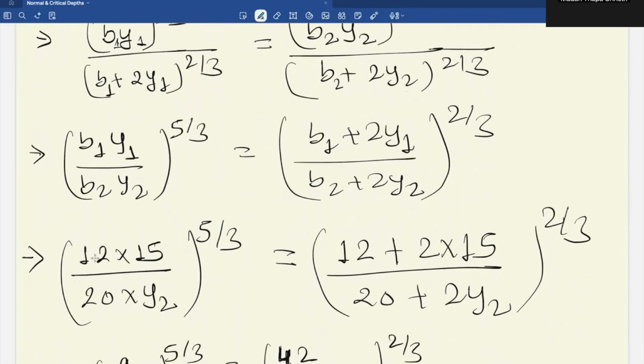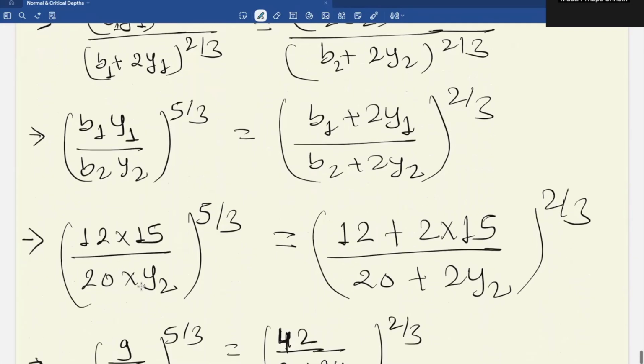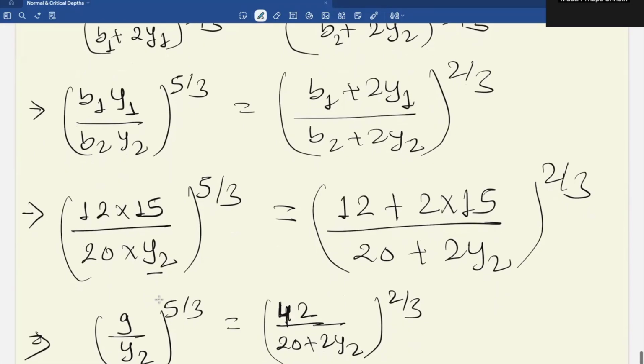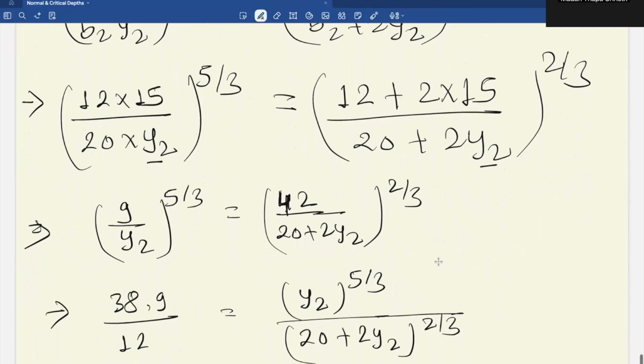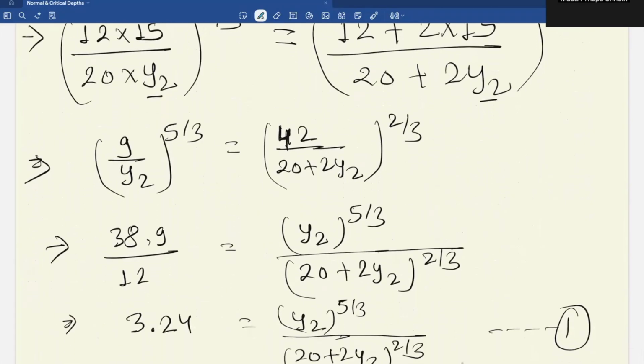So let us input the values that we have here, so that the only remaining part is y2, that is the normal depth after change. After rearranging these things, we will have this final equation as 1. So LHS is equal to 3.24, is equal to y2 to the power 5 by 3 divided by 20 plus 2 y2 bracket 2 by 3 power. So we have this equation.